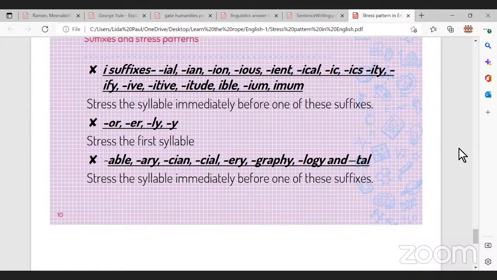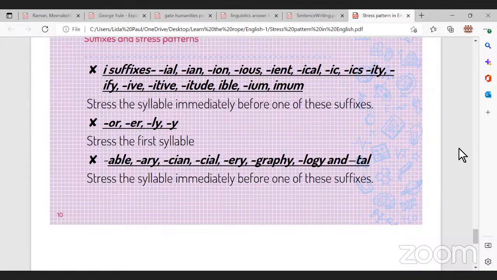Then photography we already looked at. Yeah, able, anything with able is very common. Capable. Give me a word which is a little longer. Say, translatable.